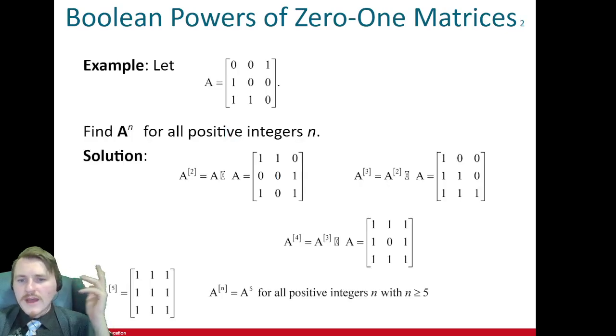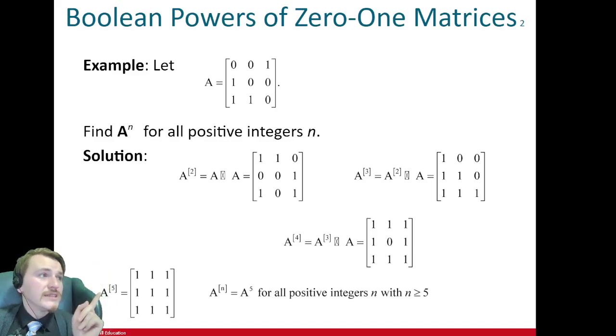And then they do math. It's kind of straightforward. What you can see, though, as I show here, is in many cases, if you do a Boolean power enough times, you may end up with a matrix of all ones. And a matrix of all ones times a matrix of all ones is going to be a matrix of all ones. All right, so then it'll just continue on from there.